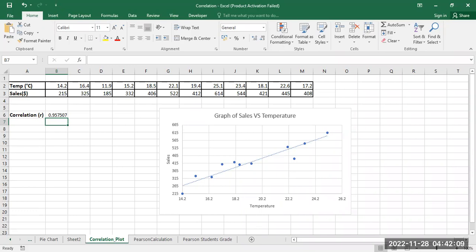Now permit me at this point to switch back to my PowerPoint so that we can continue with the Spearman rank correlation coefficient.